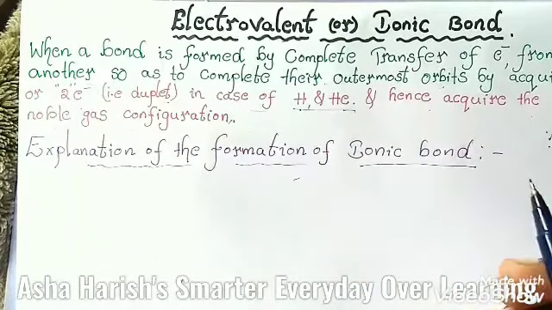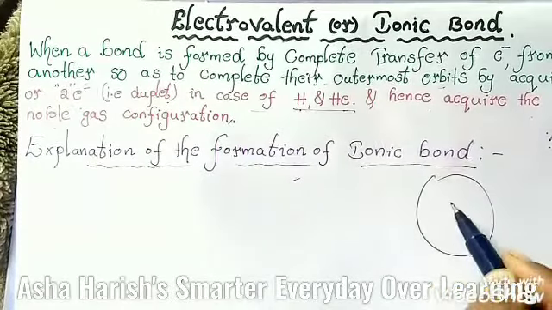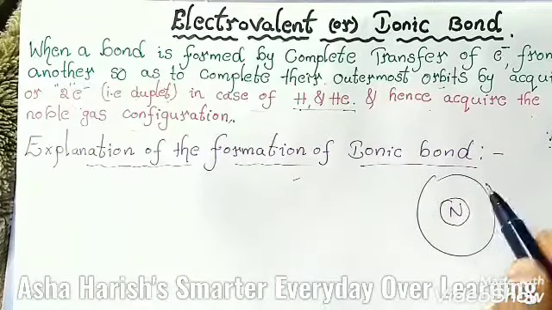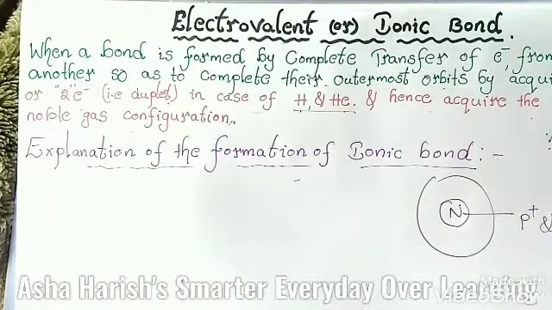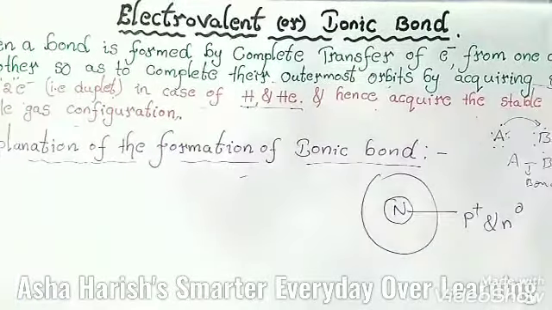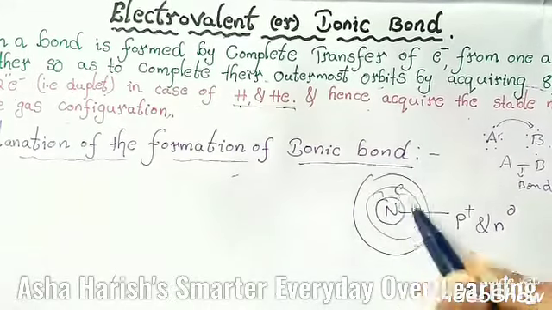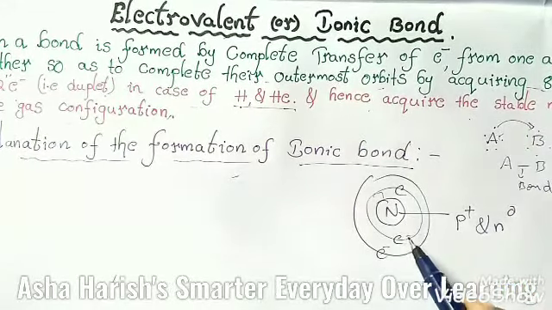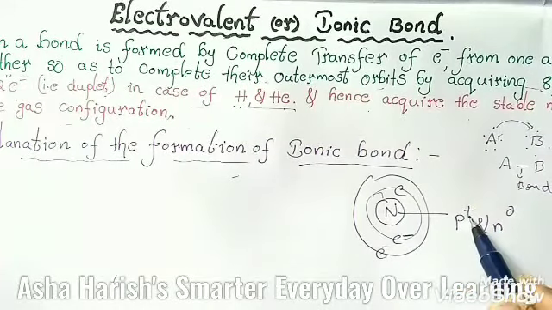Atoms are electrically neutral. Dear students, if you take an atom, in the middle of the atom there is the nucleus. The nucleus contains protons and neutrons, and around the nucleus there are electrons. Electrons have negative charge and the nucleus has positive charge.